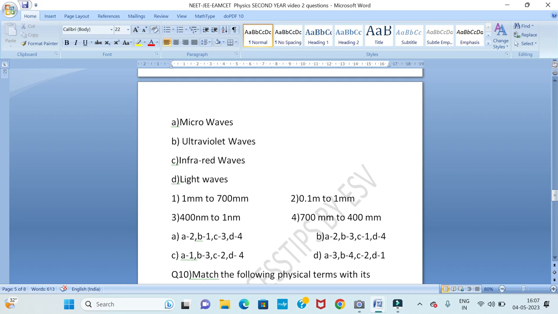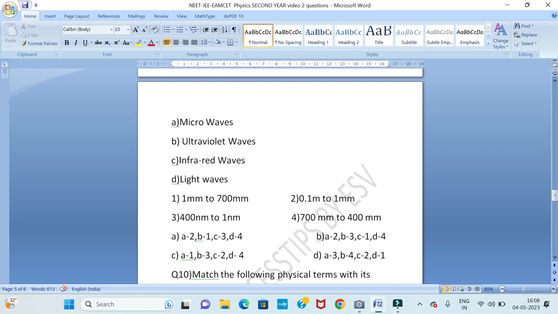What is 3? B3. Ultraviolet waves are very low, 400 nanometers to 1 nanometer. Like that you have to remember. The first is ultraviolet rays, 400 nanometers to 100 nanometers. You can write U with one line.